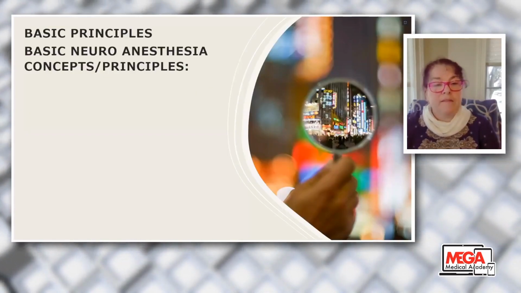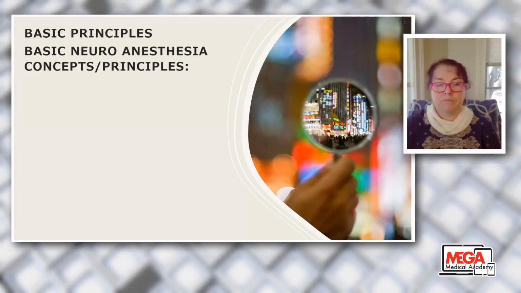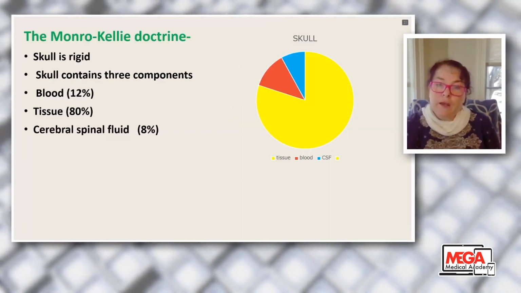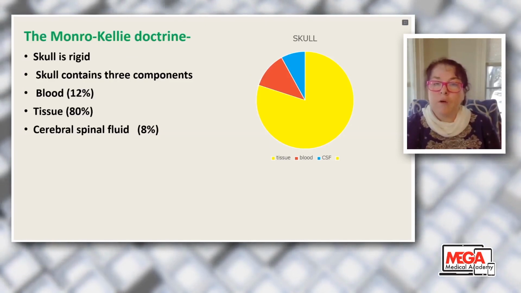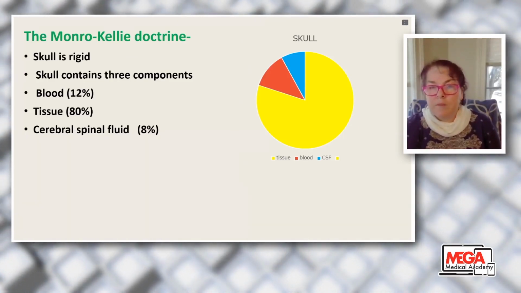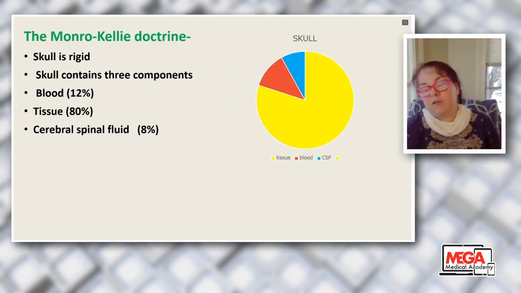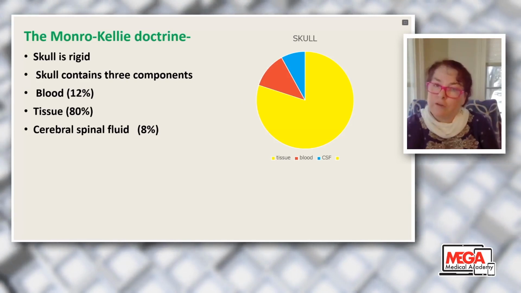Now we're going to talk about basic principles of neuroanesthesia. The most important thing, I think, when we talk about neuroanesthesia is the Monro-Kellie doctrine. This pretty much makes up all of how we do neuroanesthesia, so it's really important to review it and really understand it.